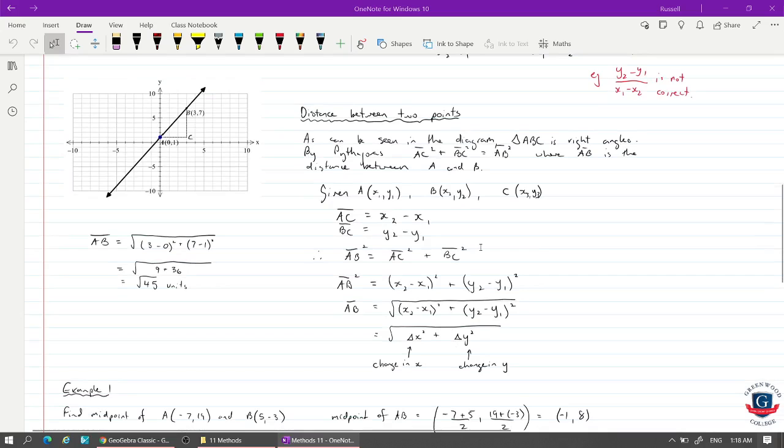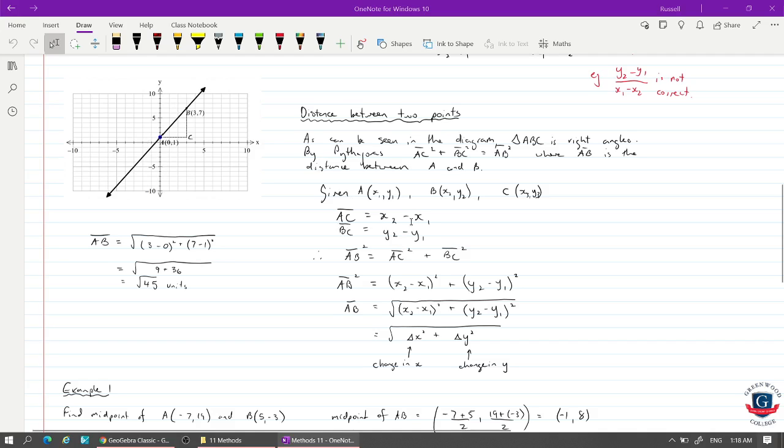The third thing we can do is find the distance between two points. We can see here that this is a right angled triangle. If we know the run and the rise, or the change in x and the change in y, we can use Pythagoras to find the hypotenuse.